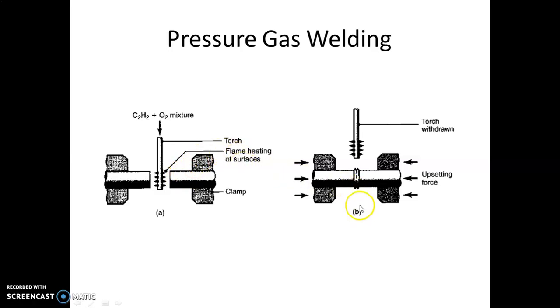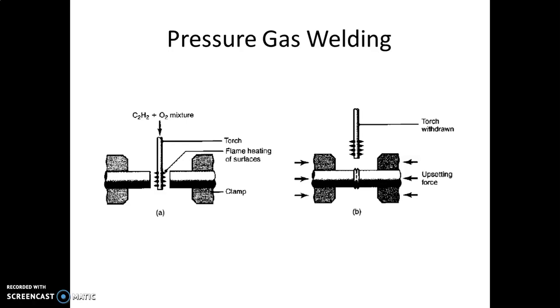And in the second diagram, the source of flame is withdrawn, and the heated interfaces are joined and pressurized to be welded, and the forces applied are called upsetting forces.